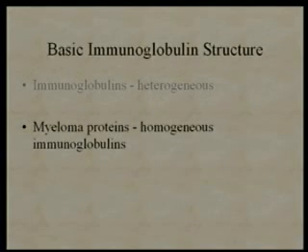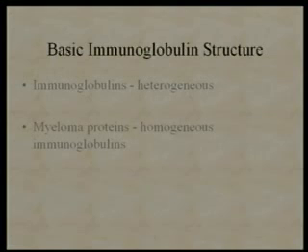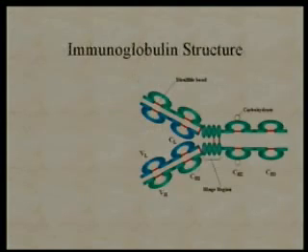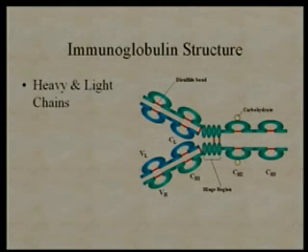By analyzing these myeloma proteins, it became clear that all immunoglobulins were built up from the basic 4-chain structure, which is indicated here. All immunoglobulins in their basic structure had 2 identical heavy chains, indicated in green, and 2 identical light chains, indicated in blue.